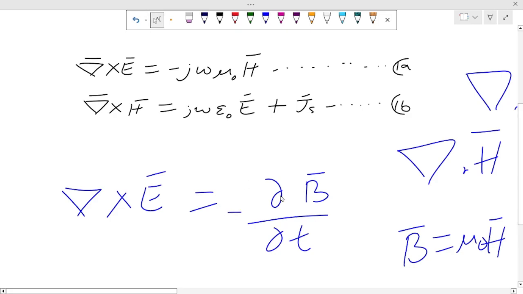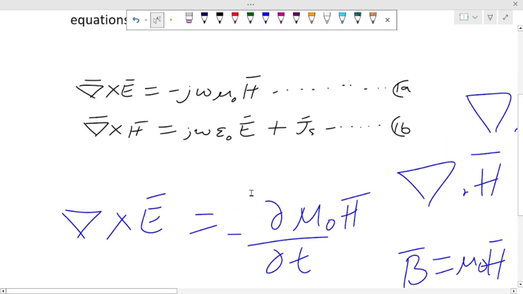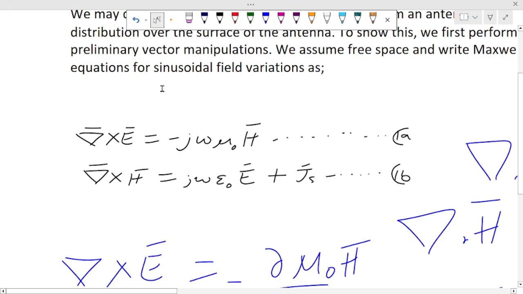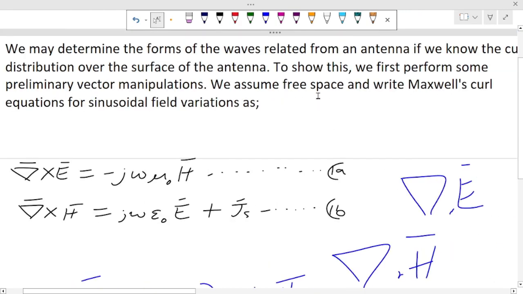That's the minus sign. However, you can remove the magnetic flux density and substitute in this magnetic field term, which will now give you this.